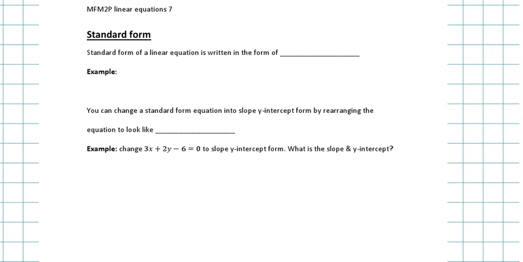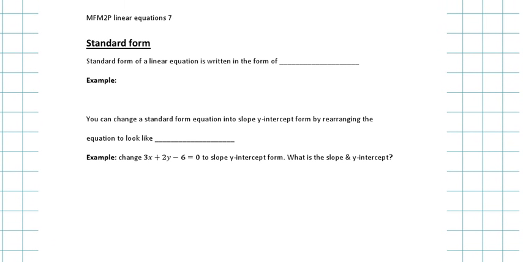Standard form of a linear equation is written in the form of ay plus bx plus c equals 0. It's the least useful form you can ever have.